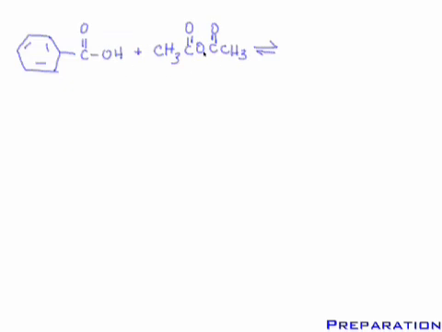Okay, it can get attacked by the carboxylate here and kick out CH3CO2-. And effectively, you can convert and produce acetic benzoic anhydride or benzoic ethanoic anhydride, the asymmetric one.